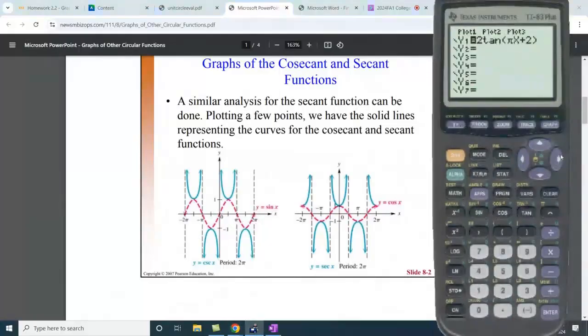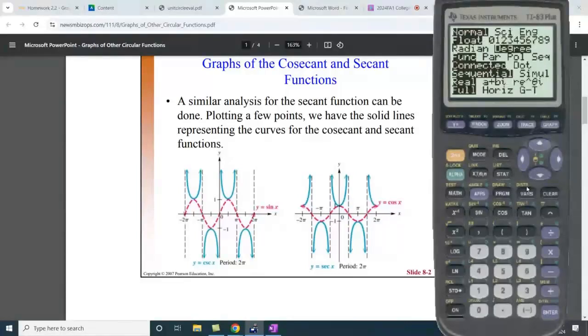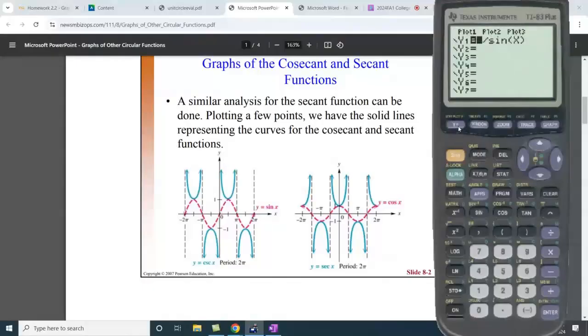I'm going to go into y equals, and I'm going to just clear out any functions that I have. And I must put in cosecant as 1 divided by the sine. So for y equals, I'm going to put 1 divided by the sine of x. I'm going to make sure that I am in radian mode. All right, 1 divided by the sine of x is cosecant.